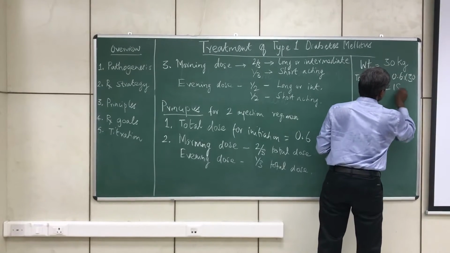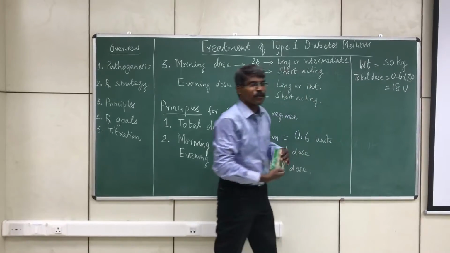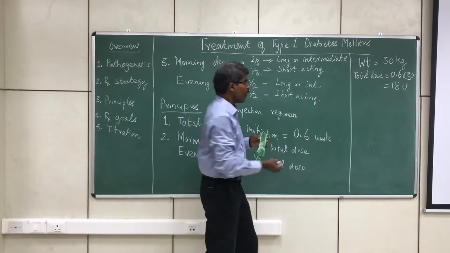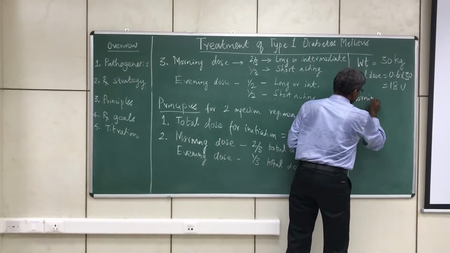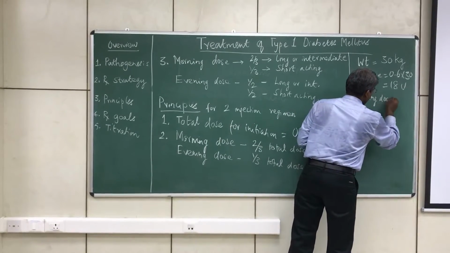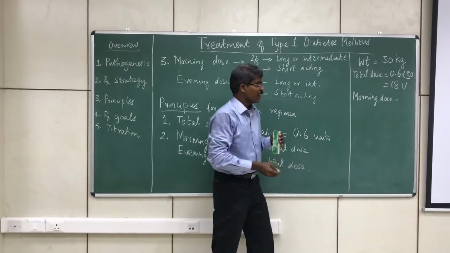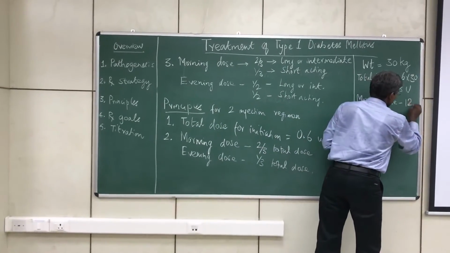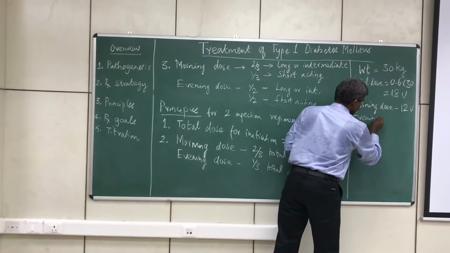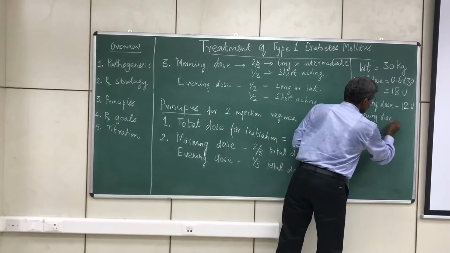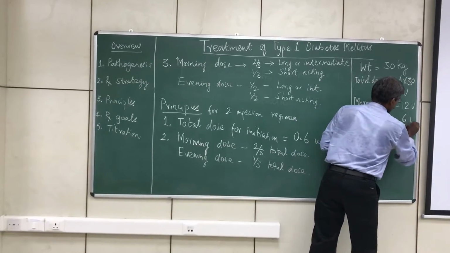So it comes to 18 units, isn't it? So this is the total dose requirement for this boy. Now his morning dose is 2/3 of this, which will be 12 units, isn't it? Now the evening dose becomes the remaining 1/3, which is 6 units.